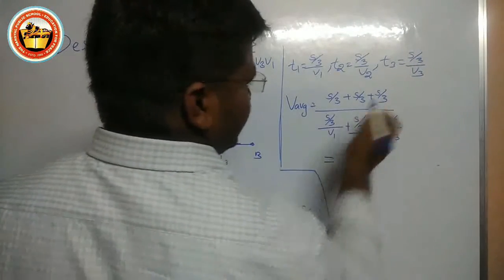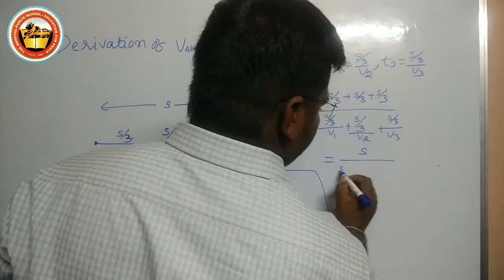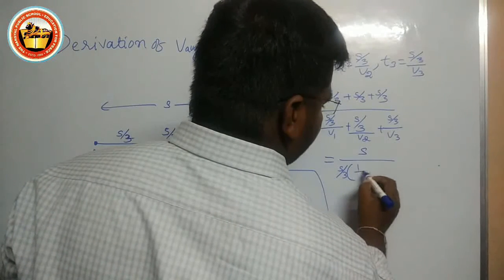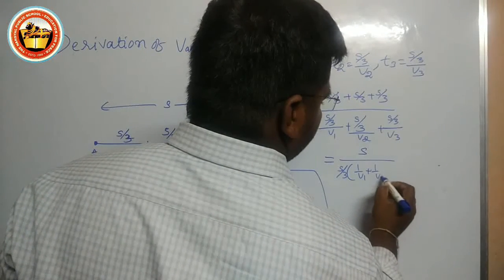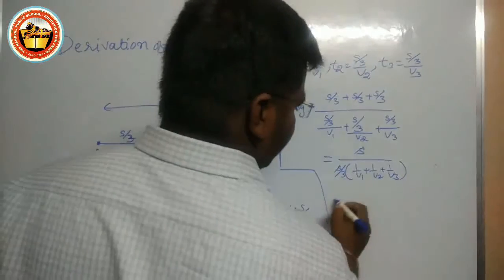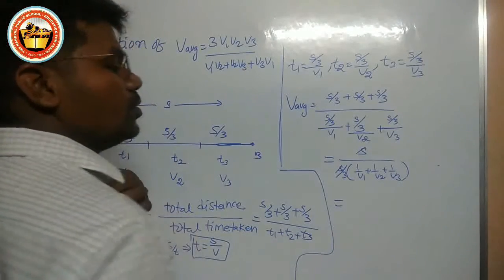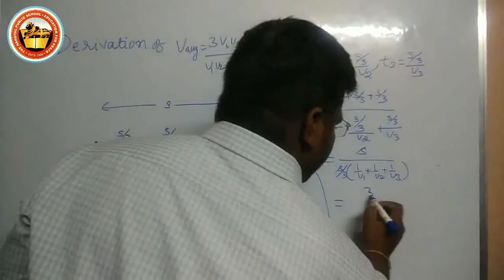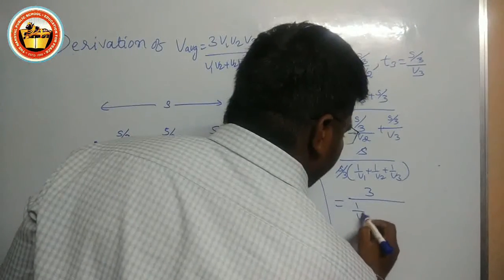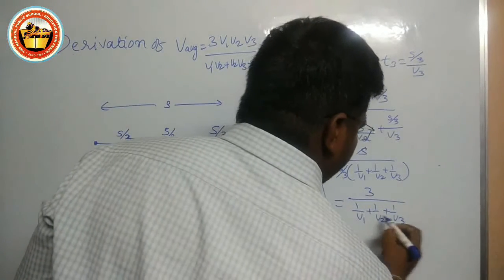The numerator is s; dividing by s by 3 common, the remaining is 1 by v1 plus 1 by v2 plus 1 by v3. The s gets cancelled and the 3 moves to the numerator: 3 divided by 1 by v1 plus 1 by v2 plus 1 by v3.